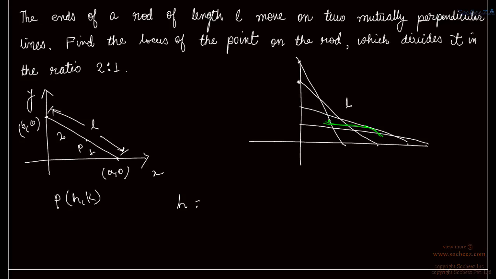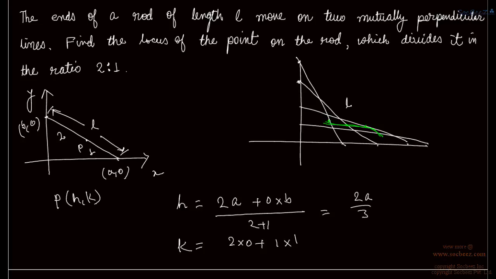So h must be (2 times a plus 0 times b) upon (2 plus 1), that is 2a upon 3, and k is equal to (2 times 0 plus 1 times b) upon (2 plus 1), that is b upon 3.